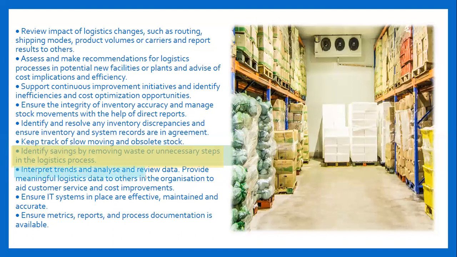Okay. Now, interpret trends and analyze review data. Interpret trends. So currently, whatever trends are coming, like in the logistic system, warehouse management, and competition of the product, all the things which are coming as trends, we need to interpret. It means that we have to adapt the trends with our product.